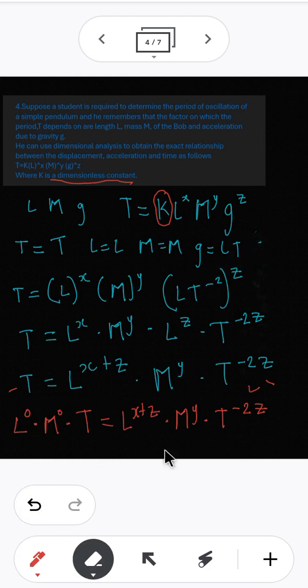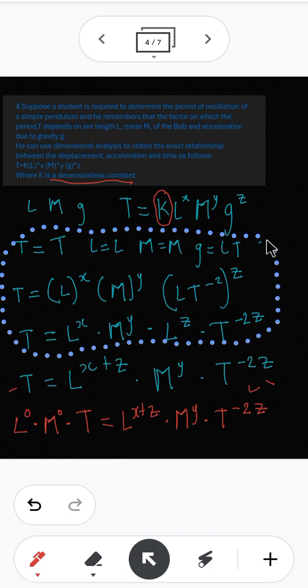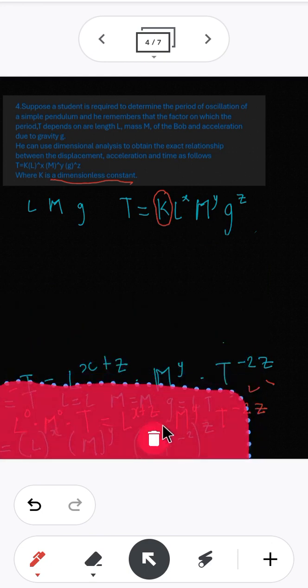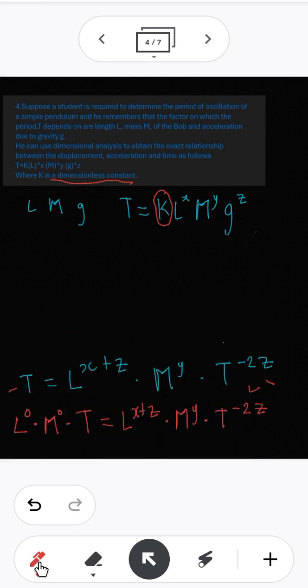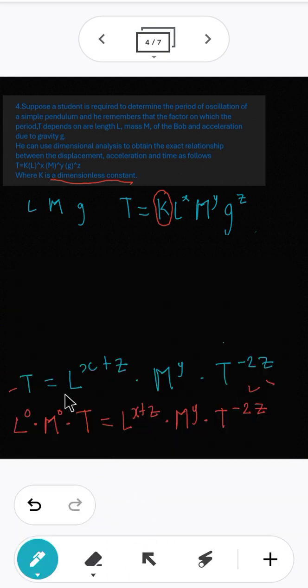Now the next thing we're going to do is to compare the powers. You understand? We're going to compare the powers. For L, we know we have L here, L here.